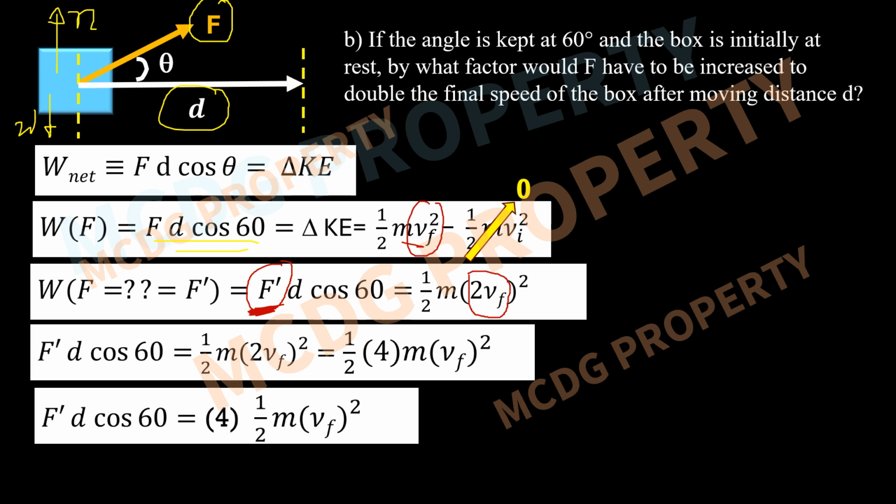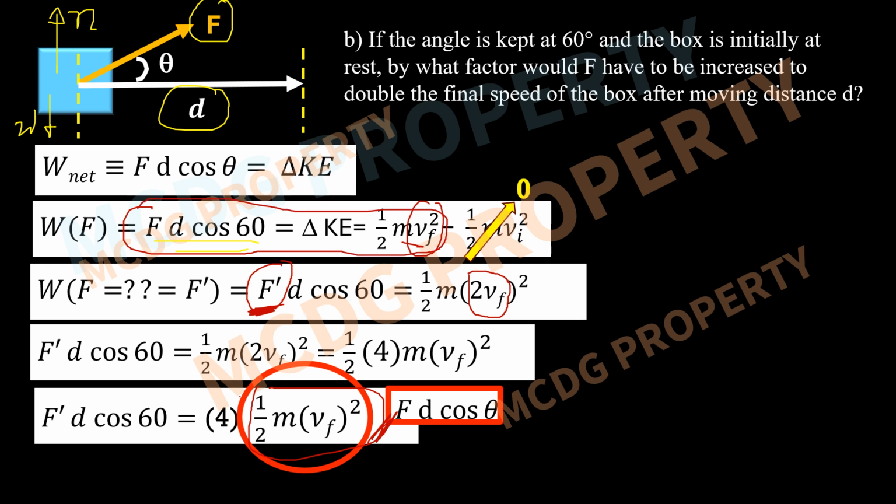Then we can rewrite clearly the relationship of the work done by the force F prime and that of the kinetic energy in this form. Notice that we have F prime d cosine 60 is equal to 4 times 1/2 m vf squared. But what is 1/2 m vf squared? Now 1/2 m vf squared, as you can see, is just the work done by the original force.